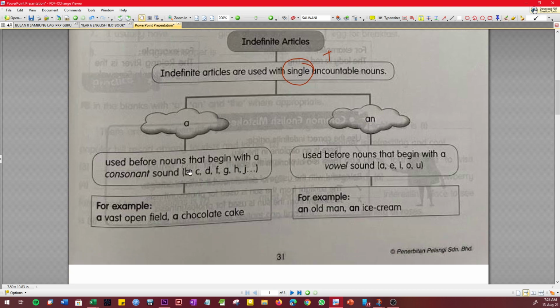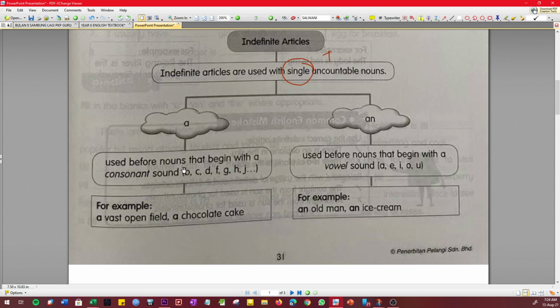Used before nouns that begin with a consonant sound. Okay. For an, the word following should be other than A, E, I, O, or U. Okay.